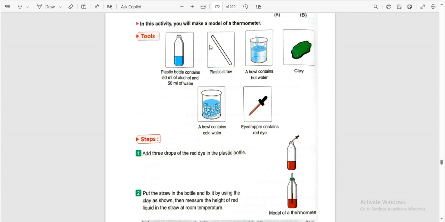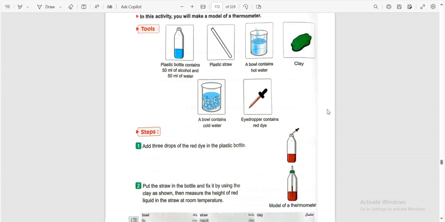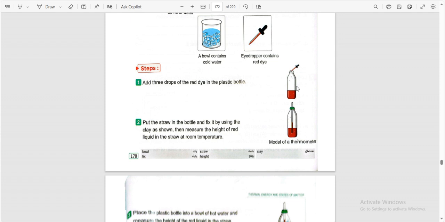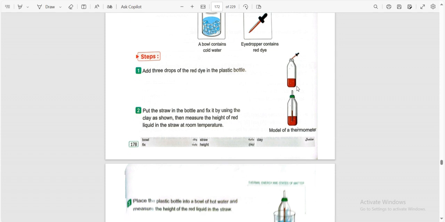We need a plastic straw. We need a bowl containing hot water and another containing cold water. We need an eyedropper that contains a red dye, and we need clay. So first, we are going to add a few drops of the red dye into the plastic bottle, and we can make it look red.